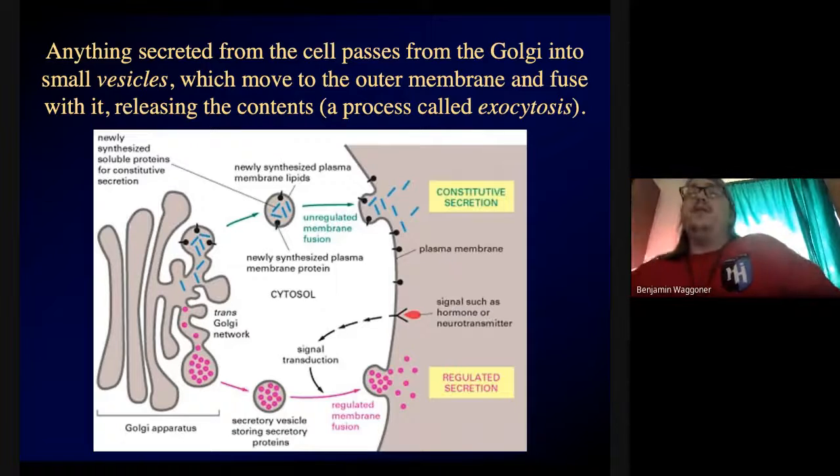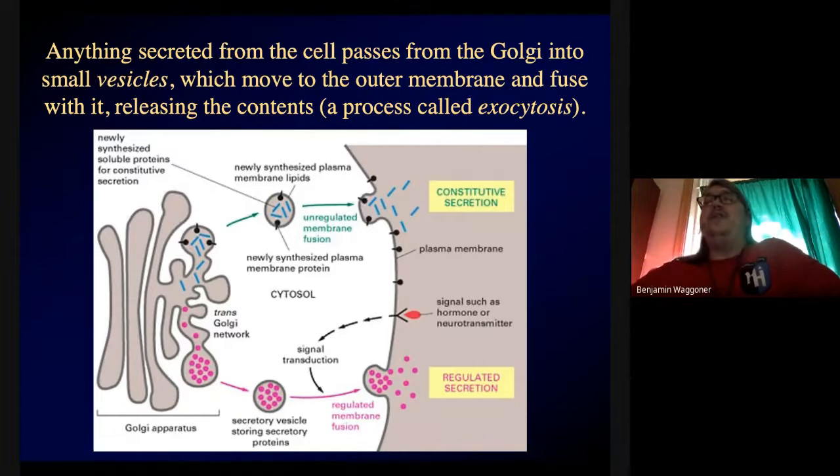Don't worry about the stuff in this diagram like constitutive secretion or regulated secretion or synthesized soluble proteins for constitutive secretion. Look more at the picture that's going on. Don't worry about memorizing the words.